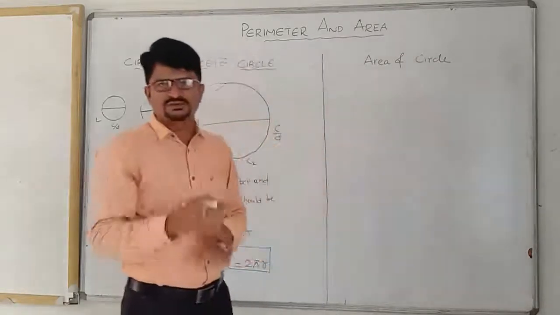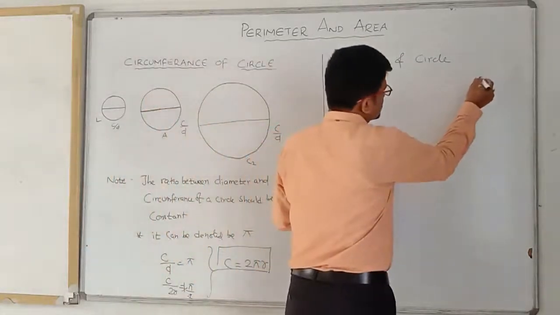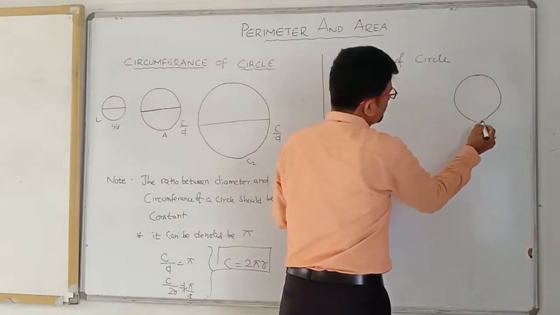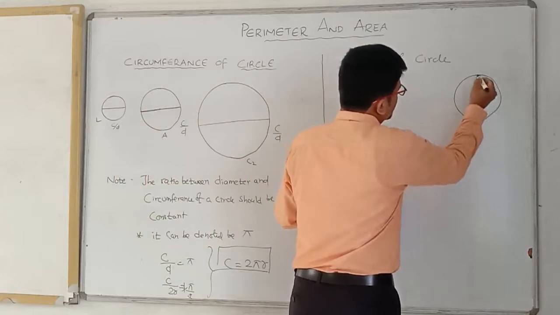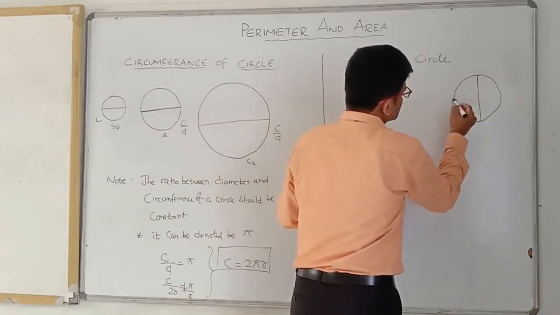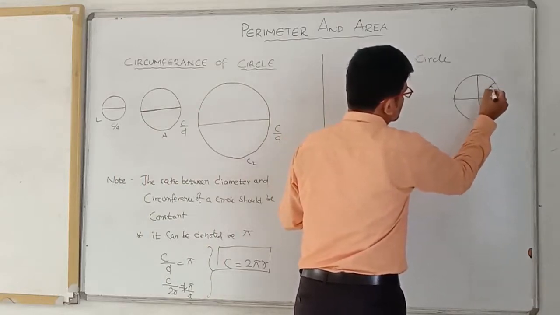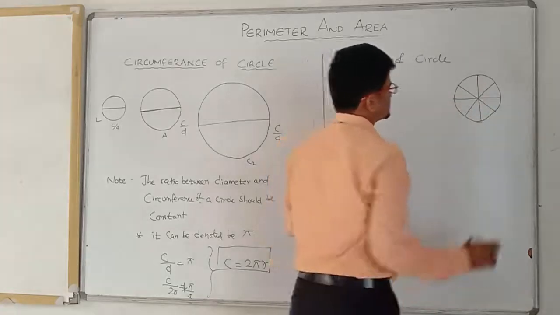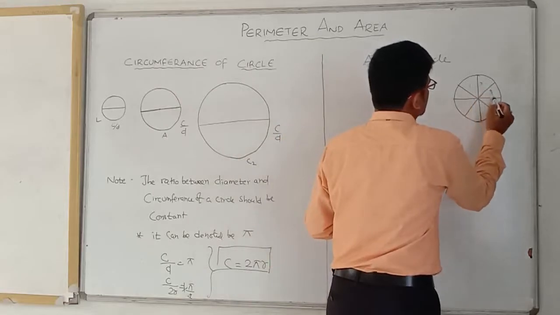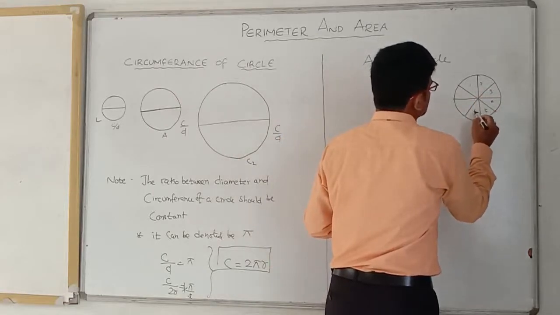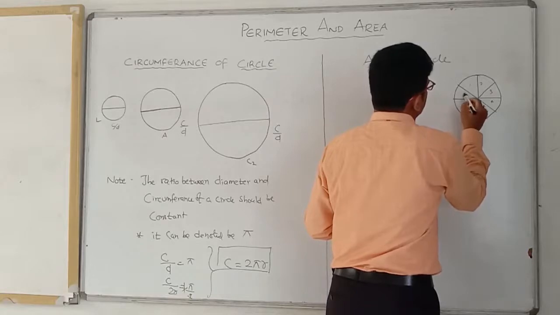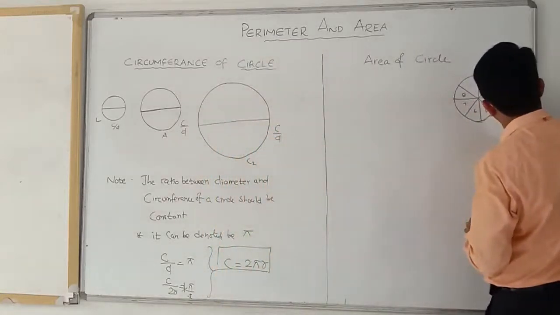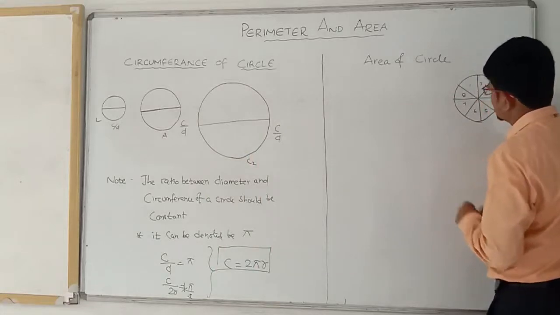For this also there is a small experiment. Try a small circle here and make it into pieces. How many pieces? 1, 2, 3, 4, 5, 6, 7, 8. This is R, am I right? Radius of the circle.